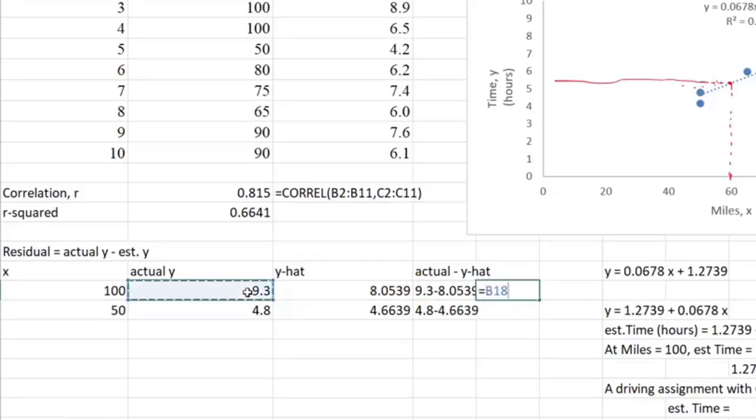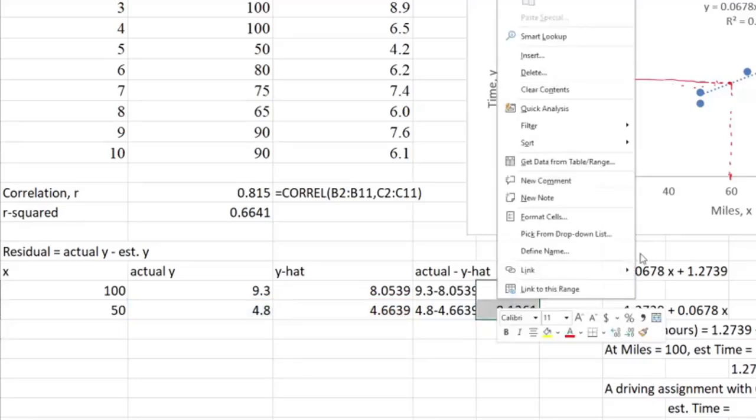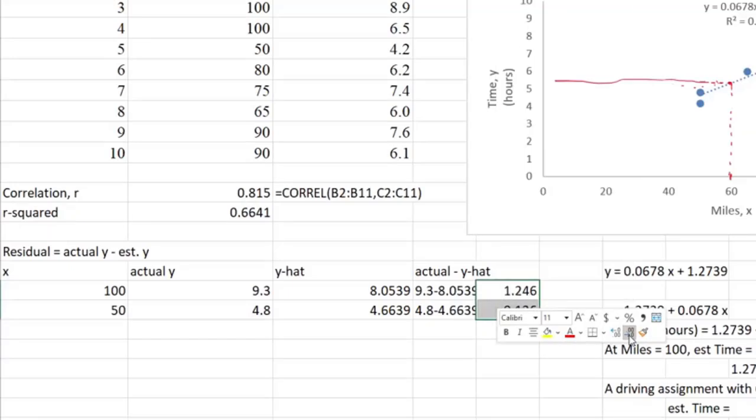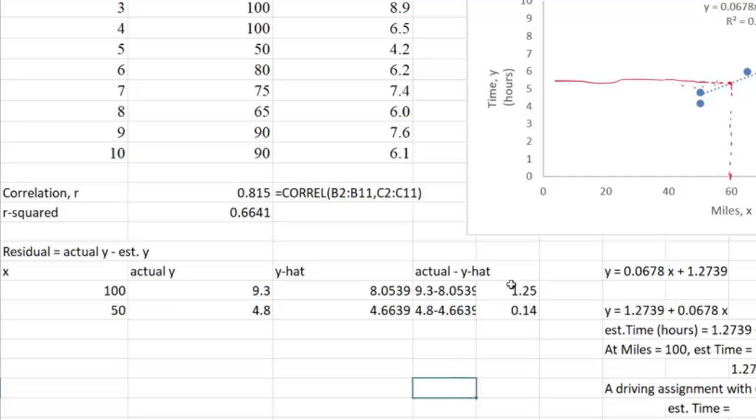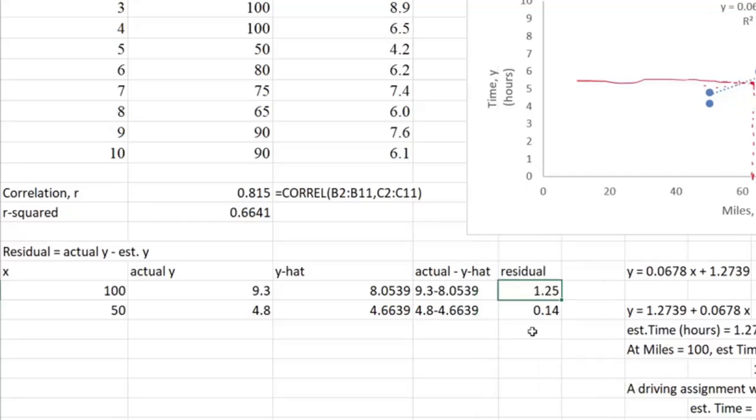That minus that gives 1.25, and 4.8 minus 4.67 gives us 0.13. Let me reduce the digits, so we get something like this. This is the residual: the actual value minus the predicted value.